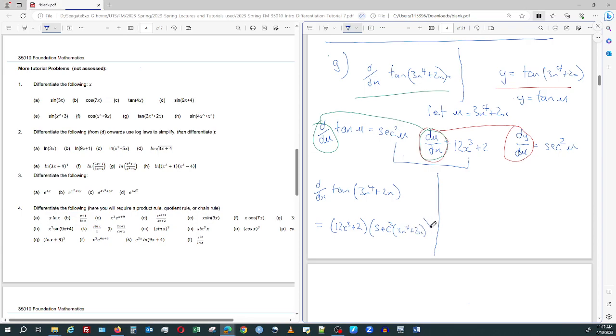So just putting them all back together, and y dash is equal to dy dx is equal to the same thing.